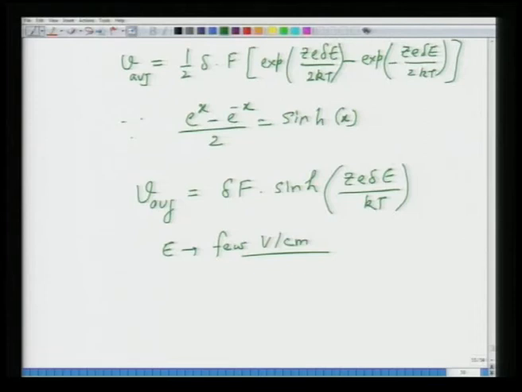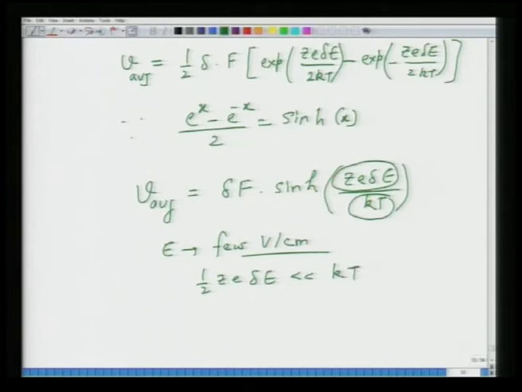So, if this numerator is smaller than the denominator, which means the field has to be small, the change in energy induced by application of field is smaller than thermal energy. So, half of Z E delta E is much smaller than KT.